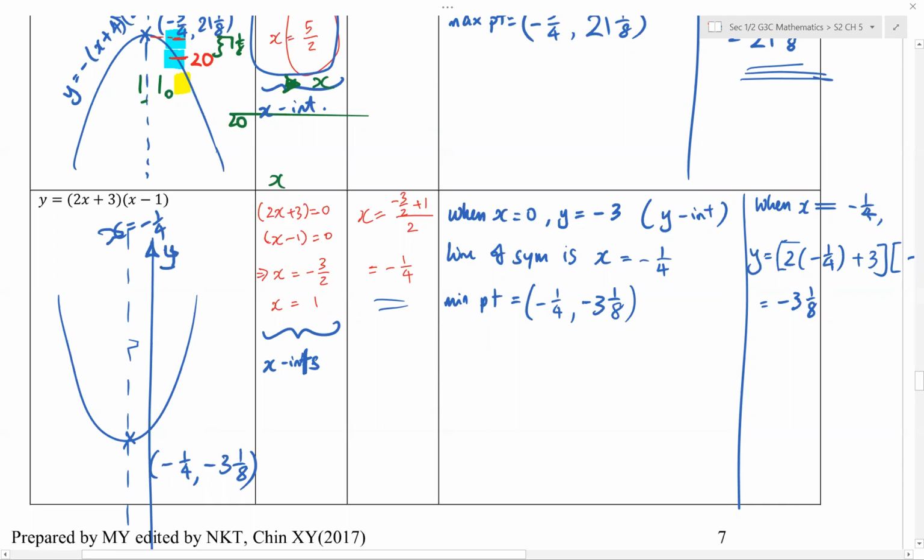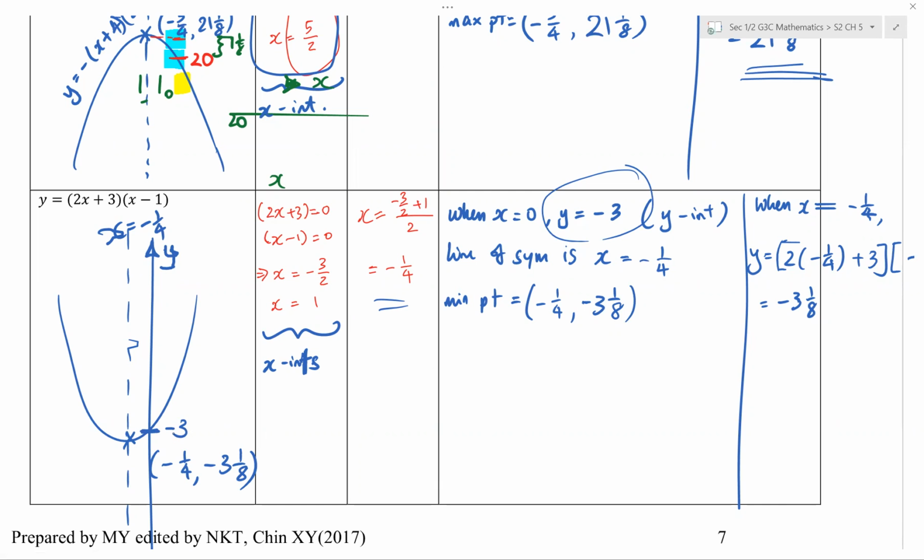Once you've drawn your y-axis, notice that your y-axis cuts the graph. That is called the y-intercept. So this has a value. What is this value? What is the y-intercept? We did our calculation. It says y is -3. So put -3 over here. Look at your graph again. Does it make sense? Is your minimum point lower than the y-intercept? It has to be, right?